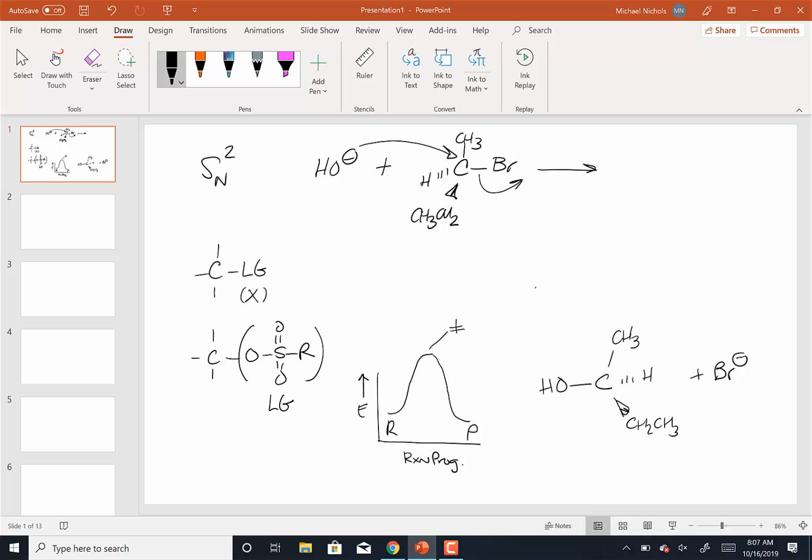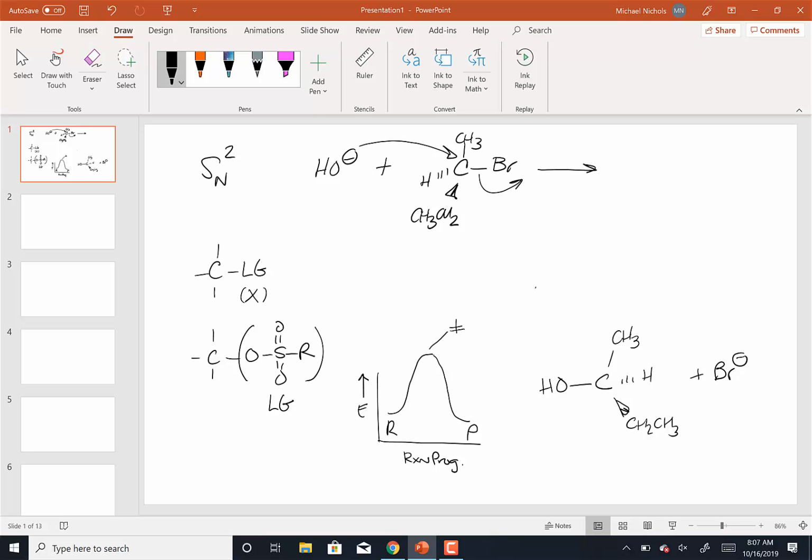As you go from reactants to products, you go through a transition state, which, as you hopefully learned in general chemistry, is the highest energy species in that reaction. And the transition state cannot be isolated. We cannot put transition states into a bottle and study them.